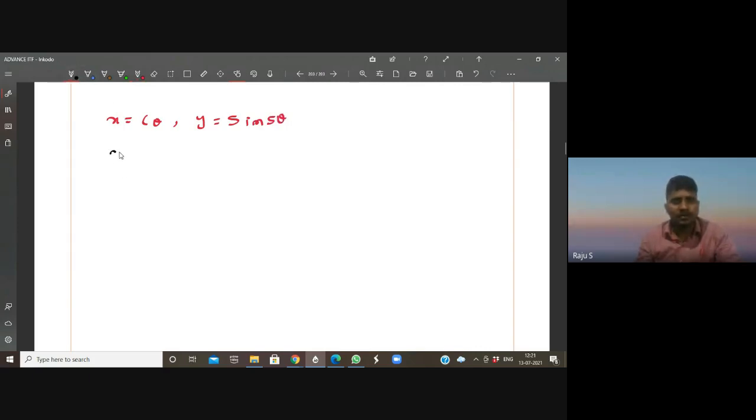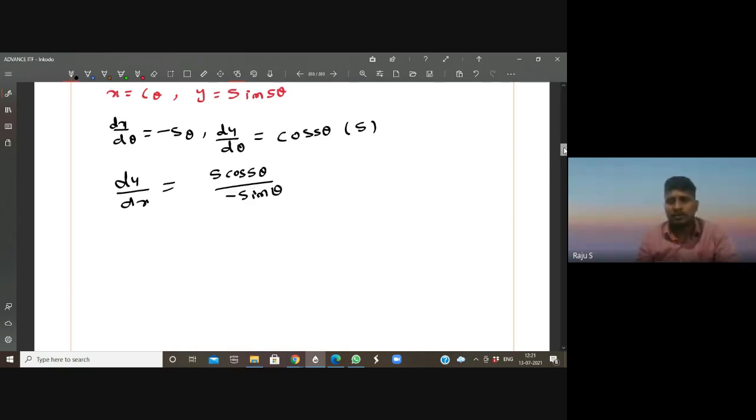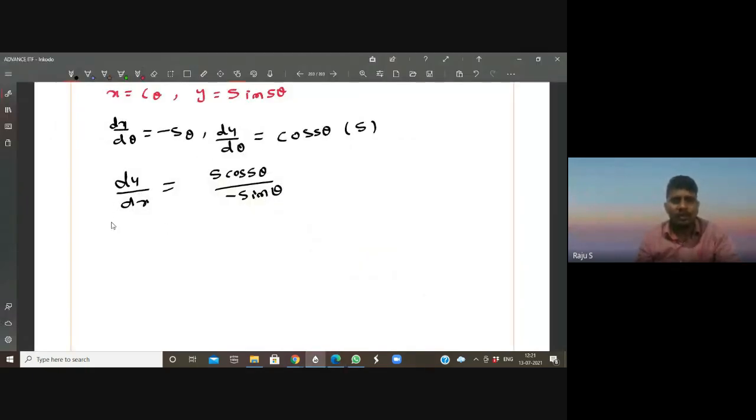Right, dx by d theta is minus sin theta, and dy by d theta is cos 5 theta into 5. Then dy by dx is given by dy by d theta, that is 5 cos 5 theta by minus sin theta. So the question is this value. Okay, fine. Next step.